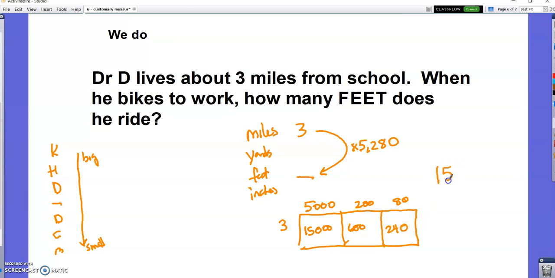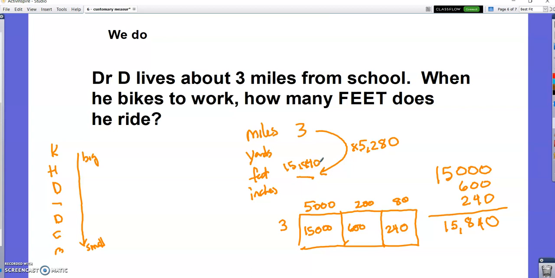Got to really line up my place values accurately here. 15,600, 240. Make sure 1s are with 1s, 10s are with 10s. This will be nice. No regrouping all the way through. 0, 4, 8, 5, and 1. So when I bike to school, if I lined up 15,840 rulers, that's about how many I would need to get to school.